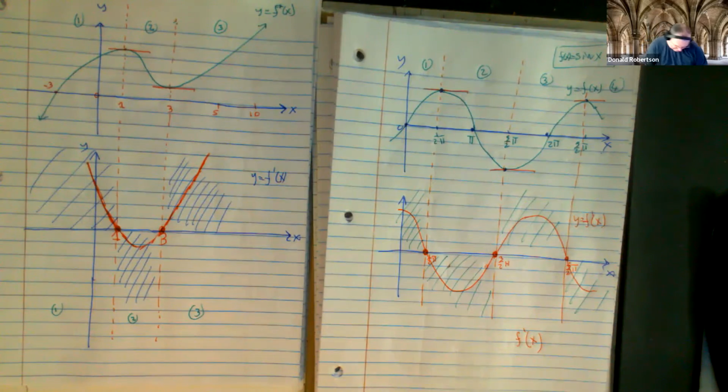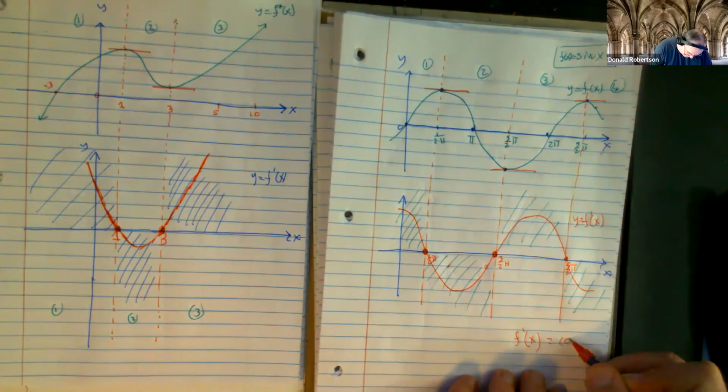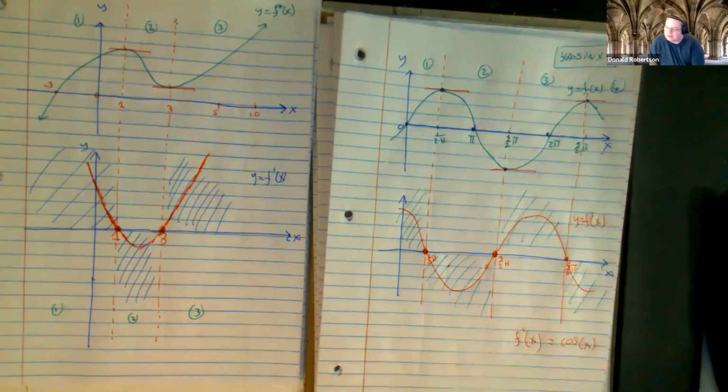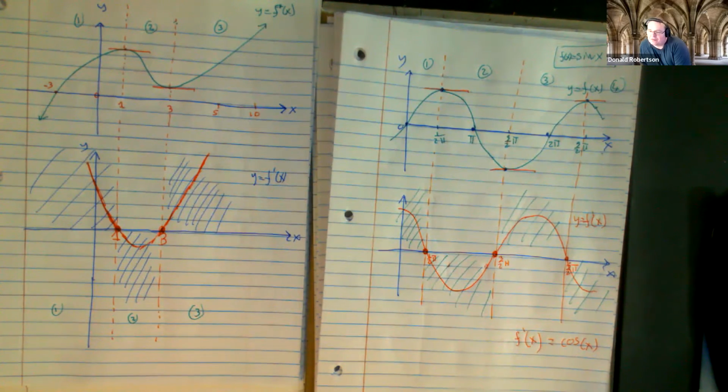Cosine. Is that an amazing surprise to you? That the derivative of sine x is actually the cosine of x? That's what I would have expected. But to me that seems quite unusual, but kind of nice. Because doesn't that mean that I now know what the derivative of sine x is? It's cosine x.